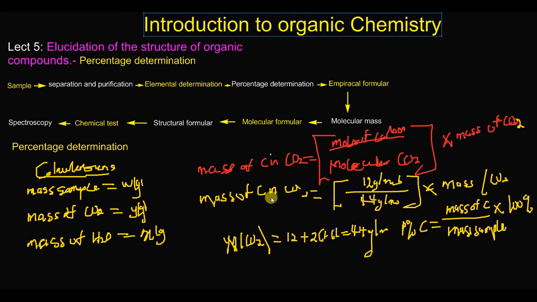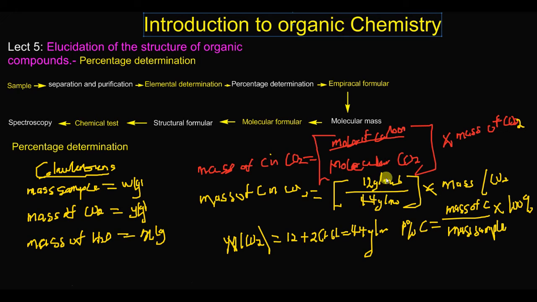And this one too. So now we continue again. The mass of carbon is the molar mass of carbon over the total molecular mass of carbon dioxide times the mass produced in the tube. So it's just like a fraction. That's the fraction of the mass produced.